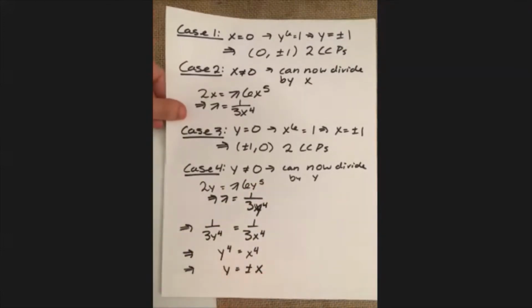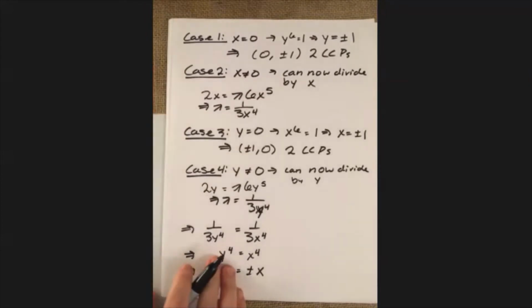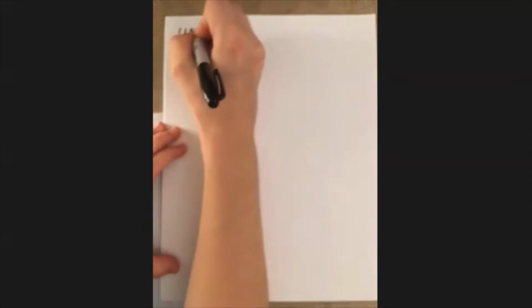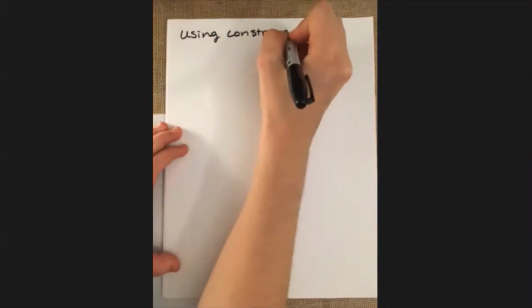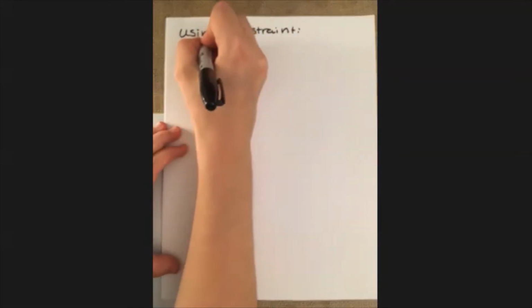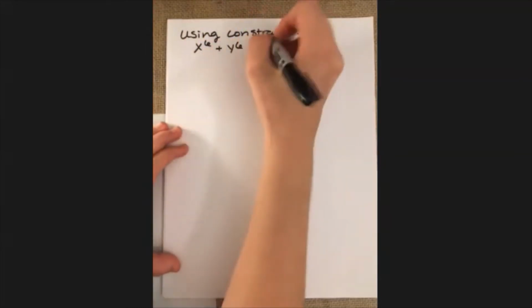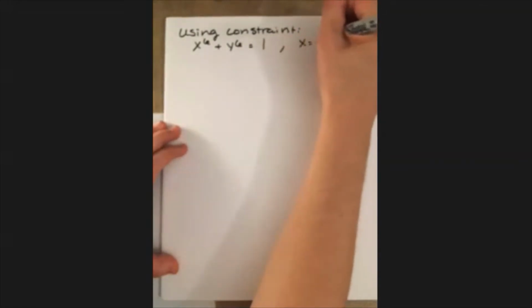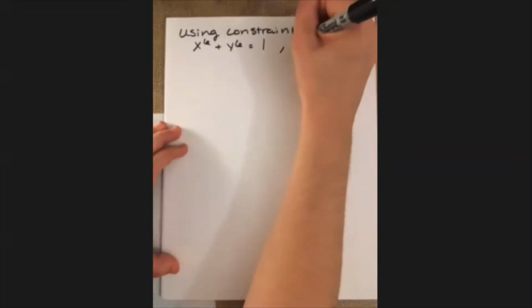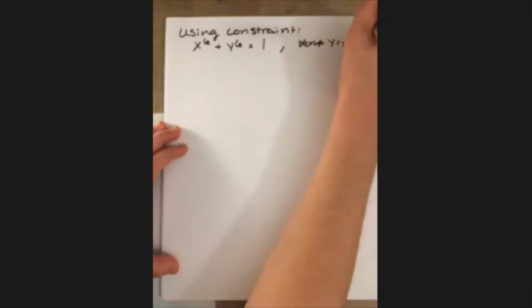It's now time to use the constraint. So our constraint says that x to the 6th plus y to the 6th is equal to 1. And we found previously that y is equal to plus or minus x.